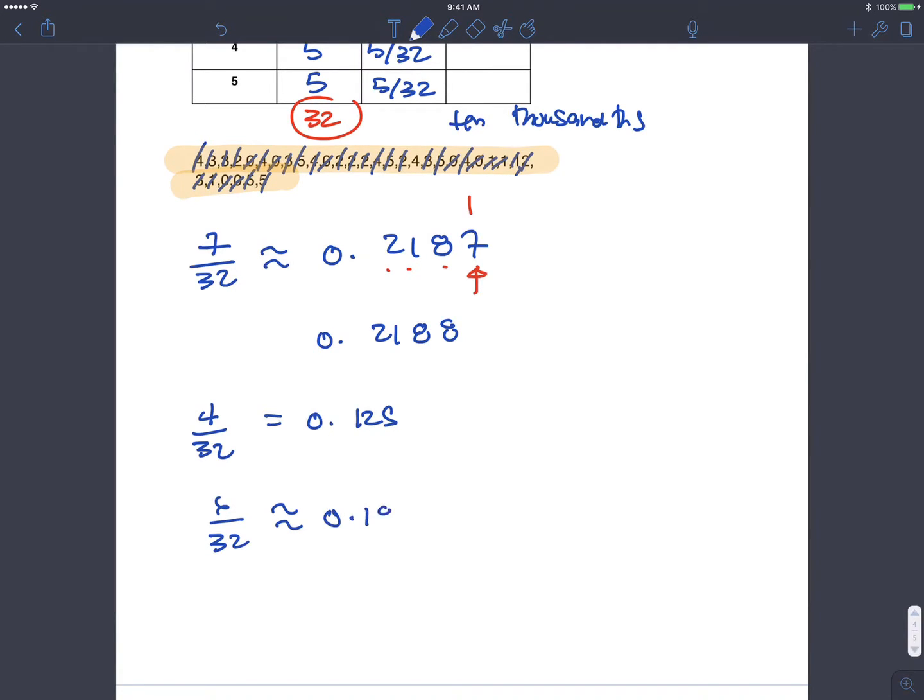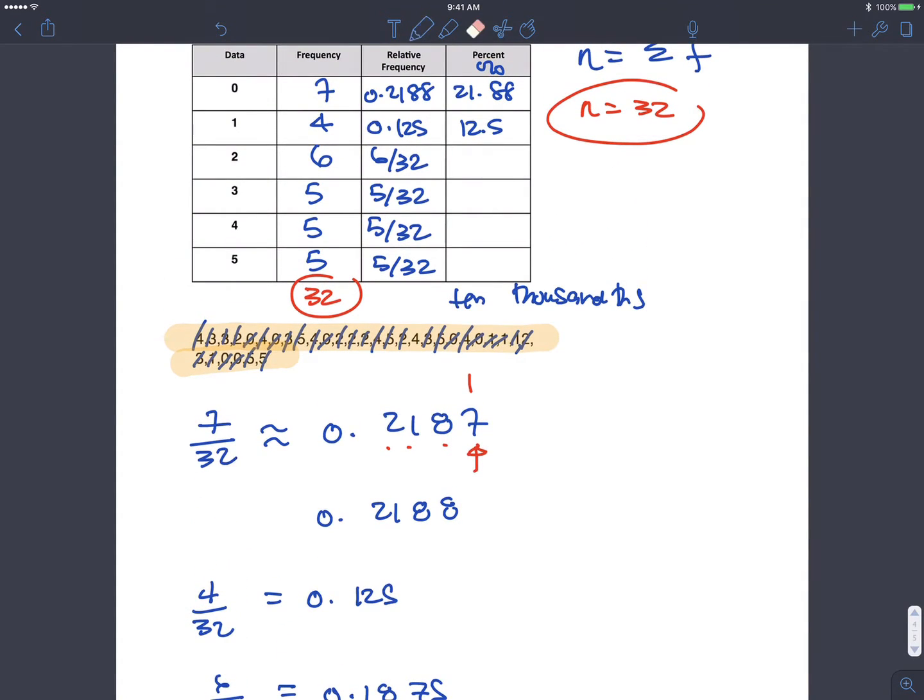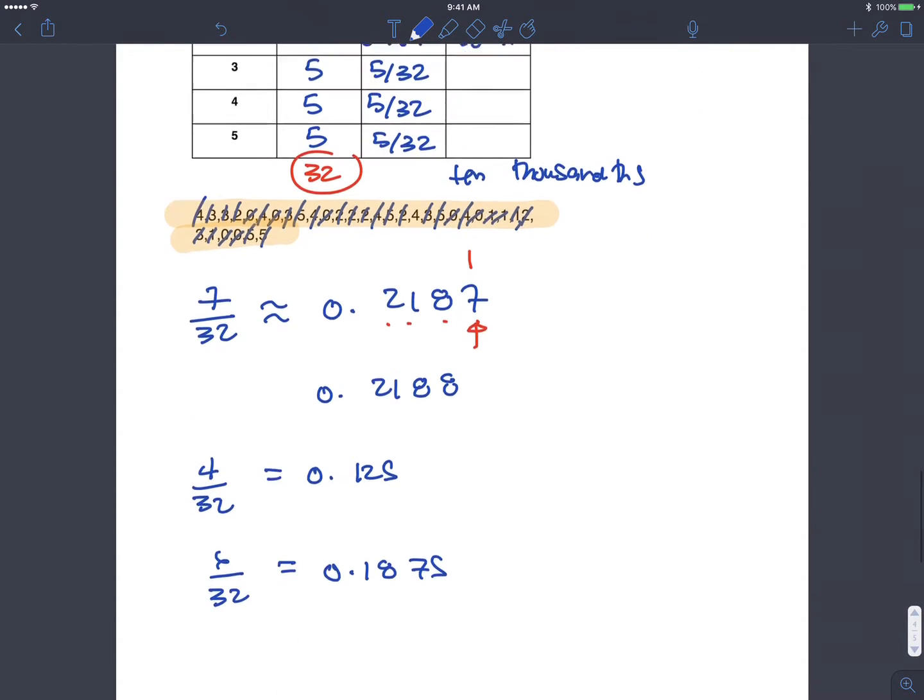This is 0.1875, and this is exact, and we are out 4 decimal places, which is the nearest 10 thousandths. So 6 over 32 we can replace now with 0.1875, which means we have 18.75%.